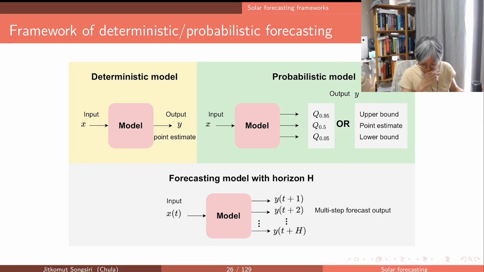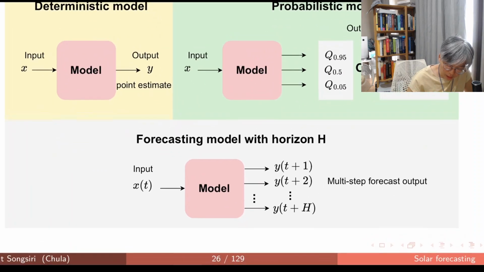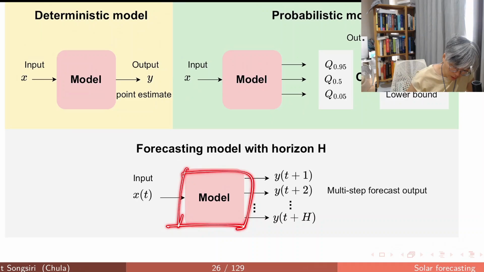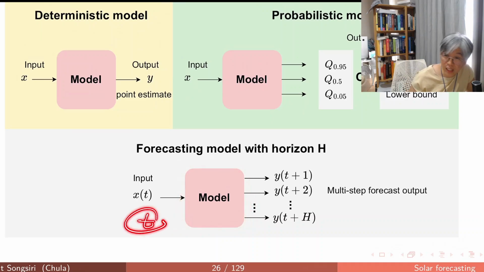From these two, I use variables x and y only as a general notation. But I need to make a very specific notation for the context of forecasting models, because we are going to predict something in the future. So let me use the notation that we execute this model at time t.